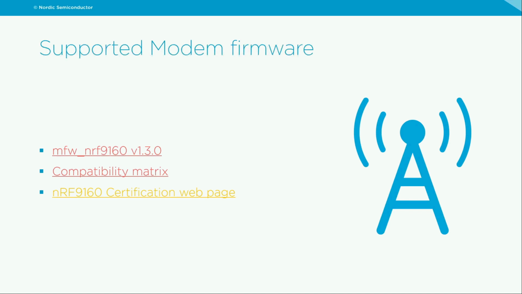On infocenter.nordicsemi.com we have a compatibility matrix which will show you which versions of nRF Connect SDK work with which version of modem firmware, and we also have the nRF9160 certification webpage, which shows you all of the certifications that we have currently done. And we are continuously working on increasing the certification scope.